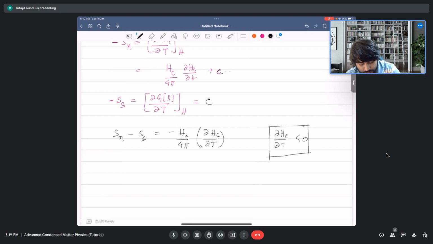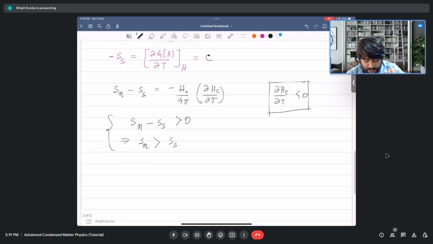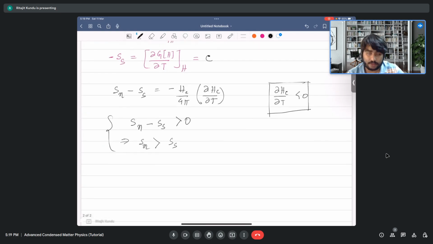So if this is negative, then the right hand side is greater than 0. That means Sn minus Ss is greater than 0, which implies that in the normal phase, or the metallic phase, the entropy is larger than the entropy of the superconductor. Just a very simple analysis tells us that the entropy is larger for the normal phase.